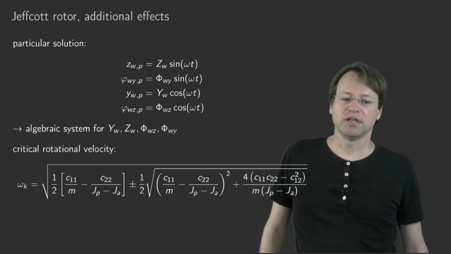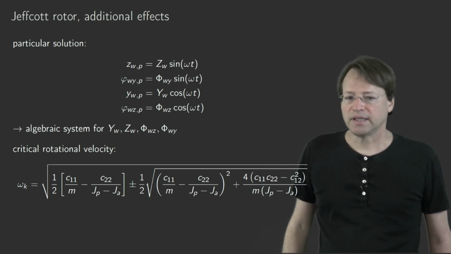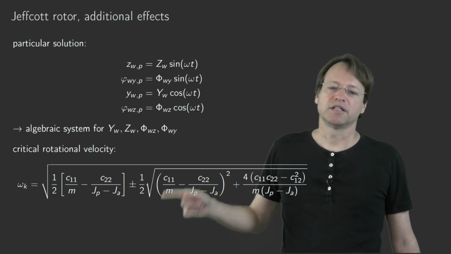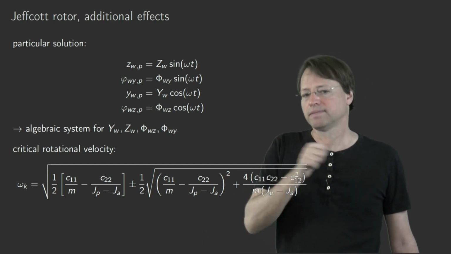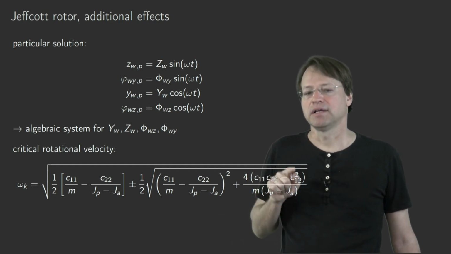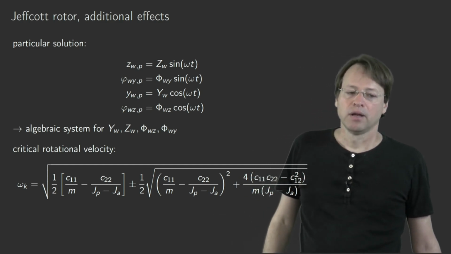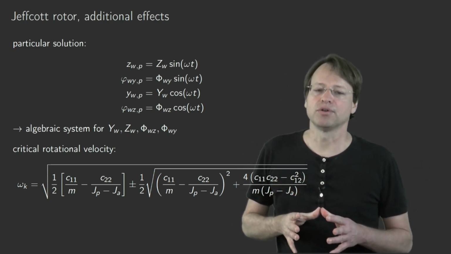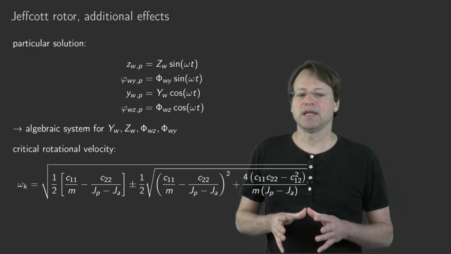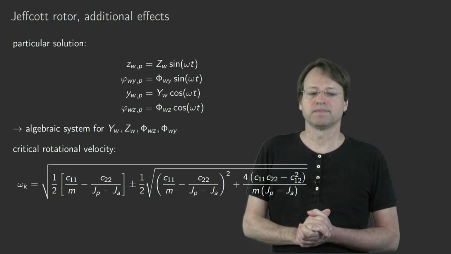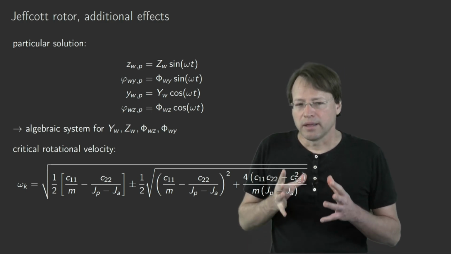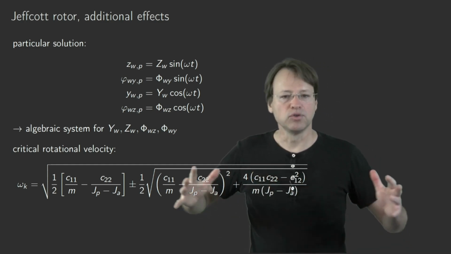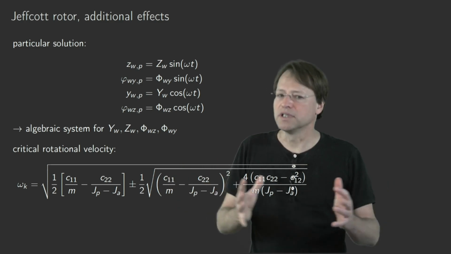The denominator will be negative if Gp is less than G sub A. It's positive, so we just have one critical speed if Gp is larger than G sub A. Well, what is the case that a polar mass moment of inertia is larger than the axial mass moment of inertia?